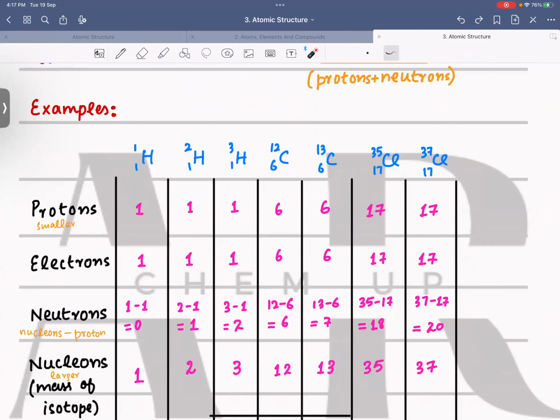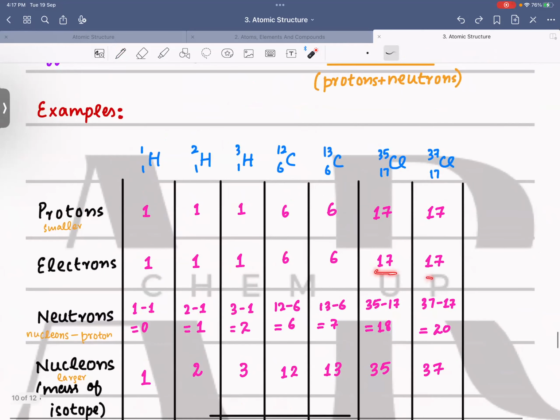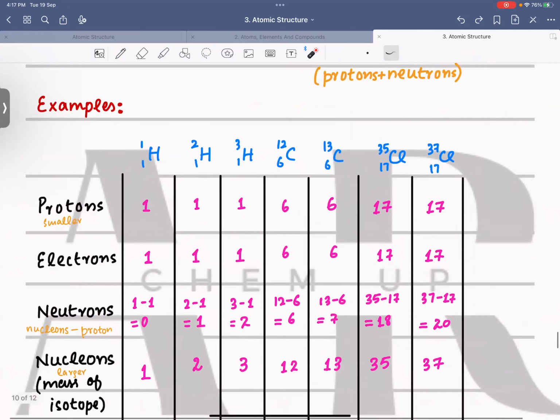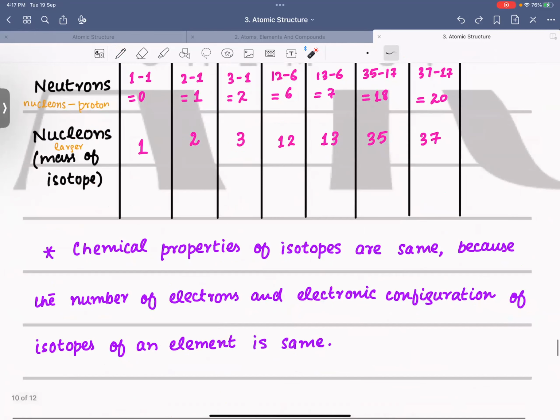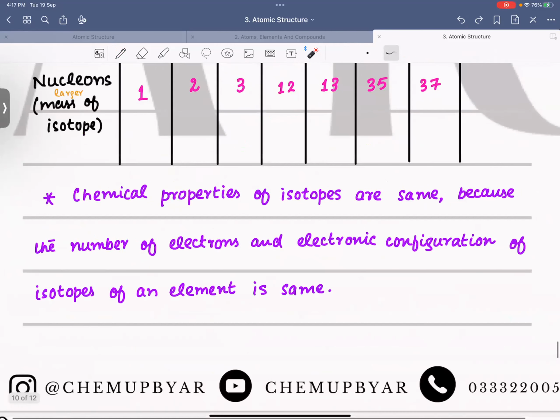For both the isotopes of carbon, there are 6 electrons, and for both the isotopes of chlorine, there are 17 electrons. So there is no difference in the number of electrons for the isotopes of an element. It means their chemical properties are going to be considered the same. Okay, note this down.